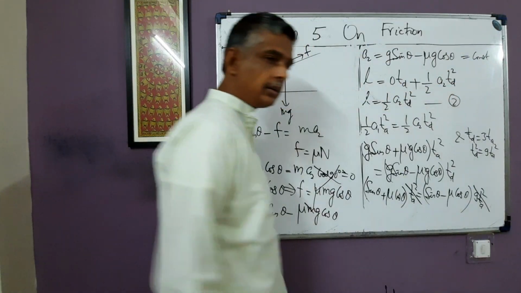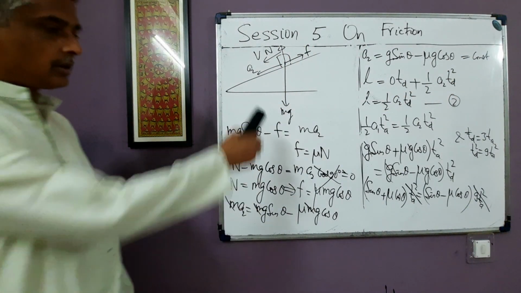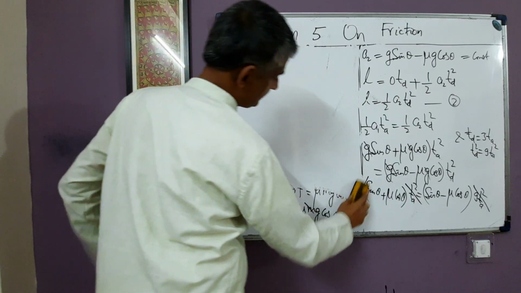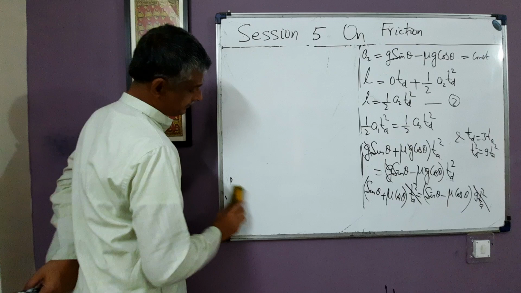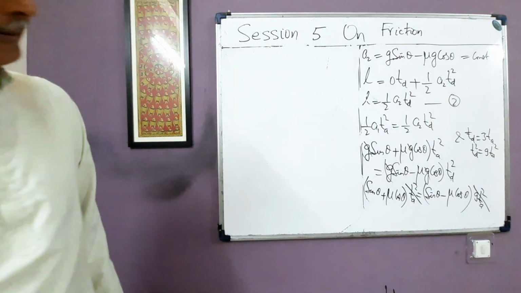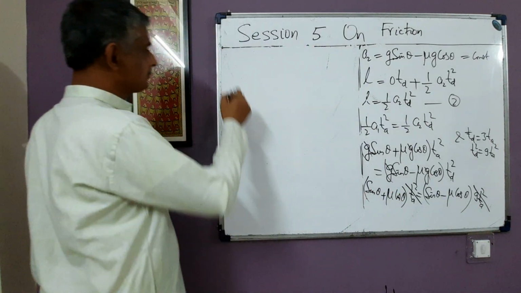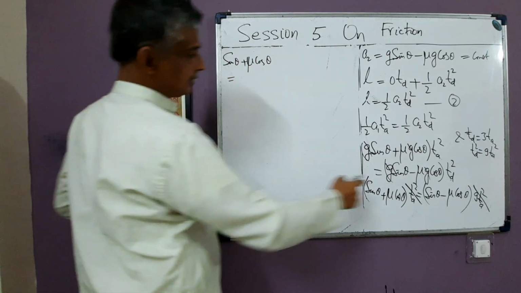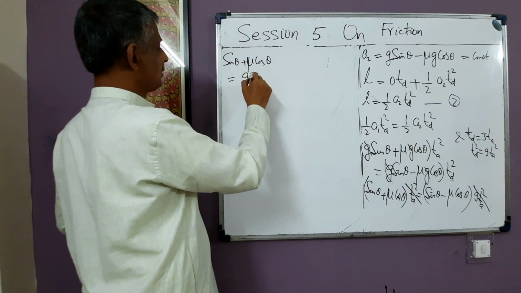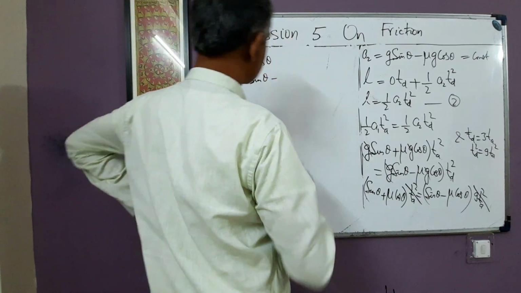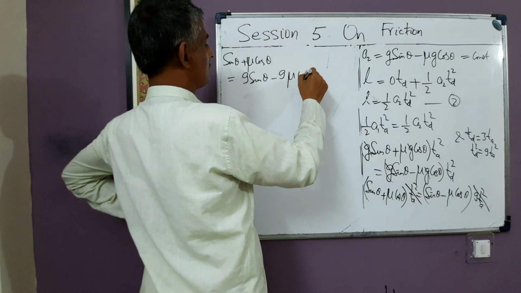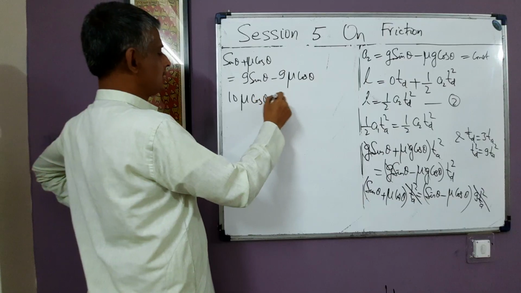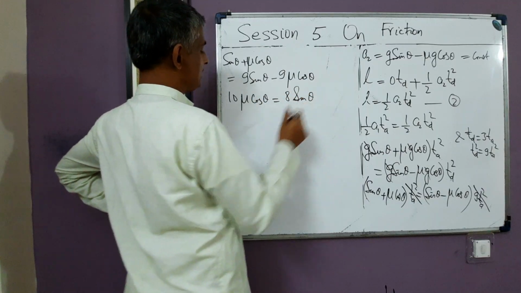Ta square goes away. Now I simplify this. From the left side we get sin theta plus mu cos theta equals 9 sin theta minus 9 mu cos theta. So this simplifies to 10 mu cos theta equals 8 sin theta.